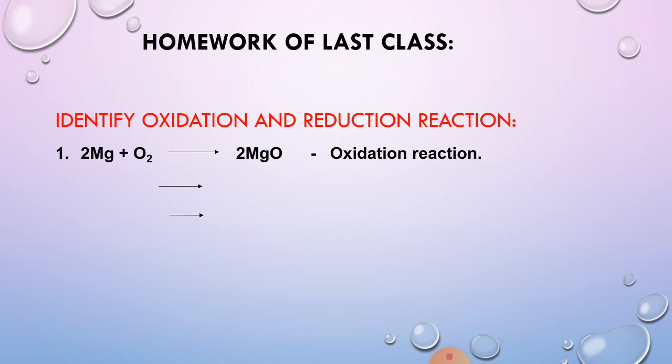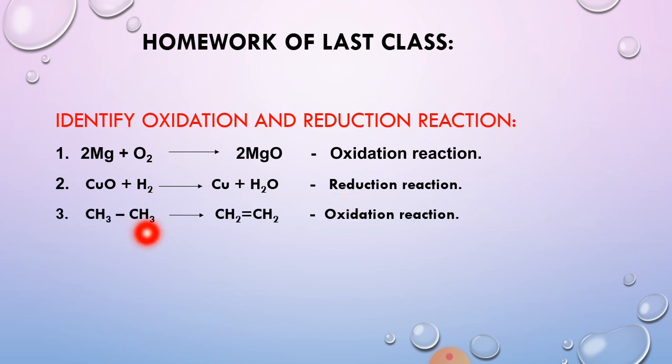So here in this reaction, O2 is added at the reactant side, that means it is an oxidation reaction. In the second reaction, H2 is added, that means it is a reduction reaction. Now look at the third reaction.